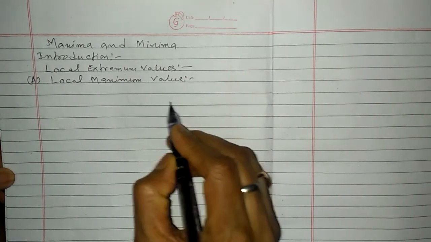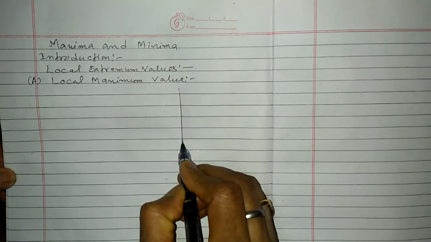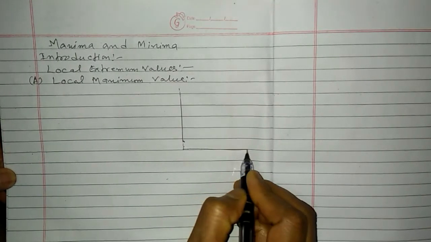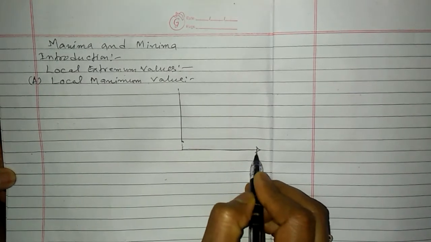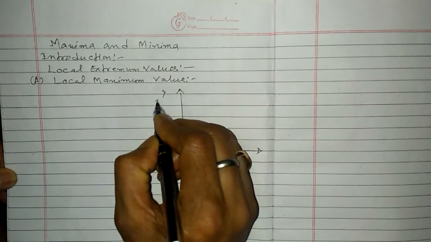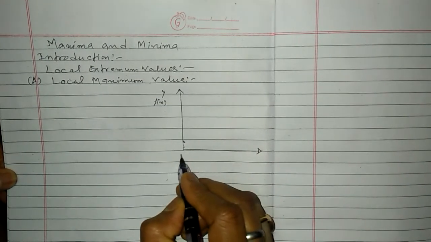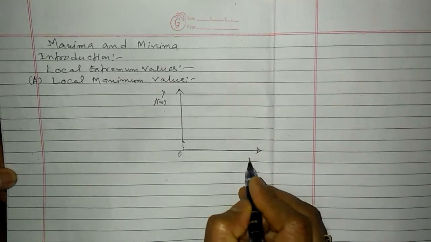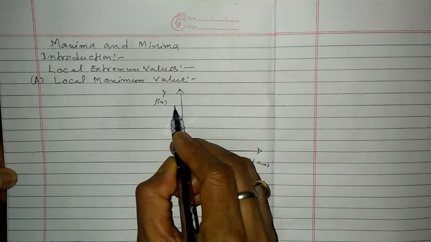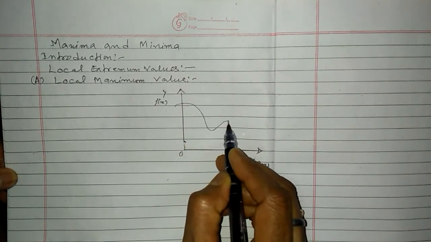For this concept, first of all we draw a graph for consideration. Suppose the y-axis, which is f of x, any function, denotes the y-axis, with origin, and the x-axis. Suppose this way.